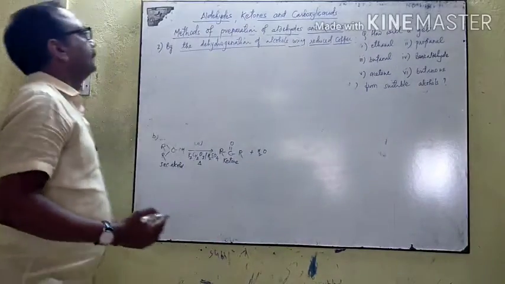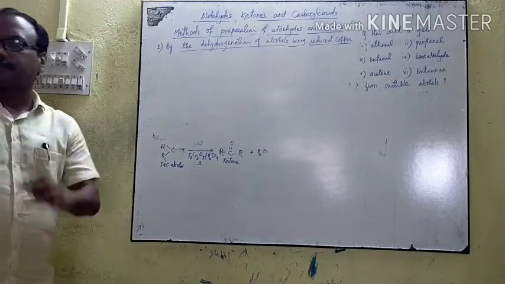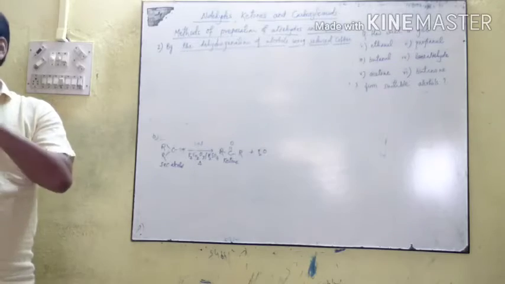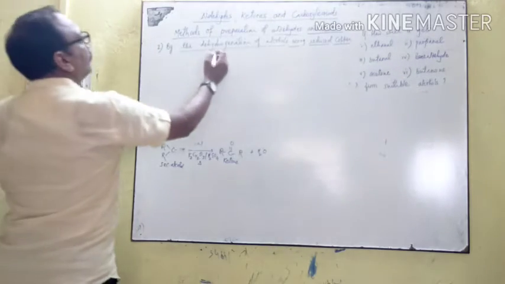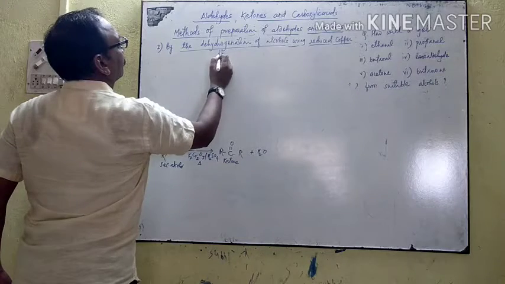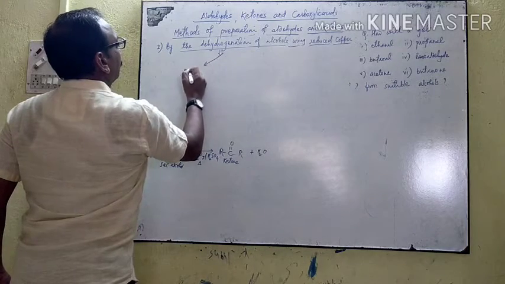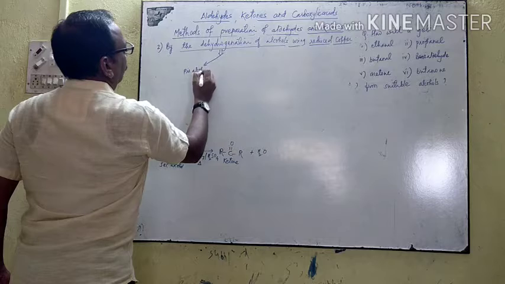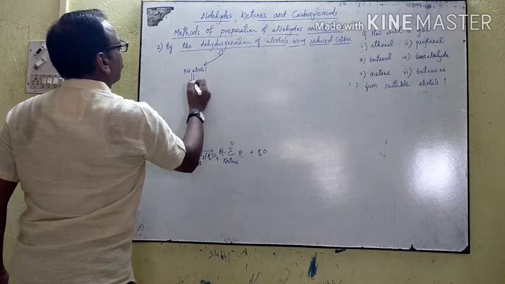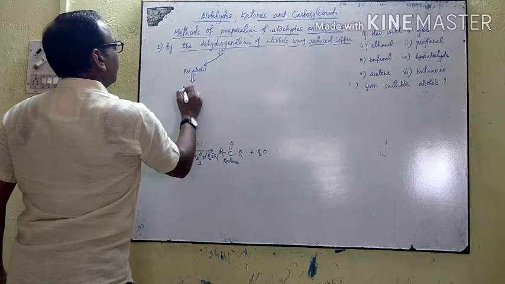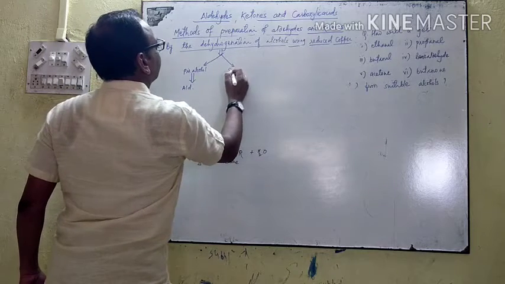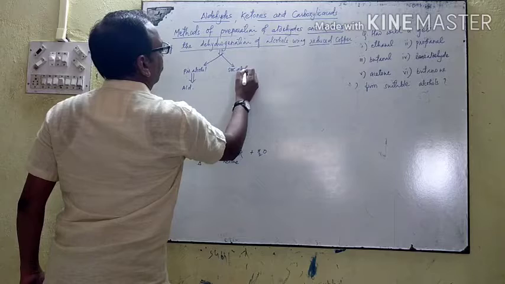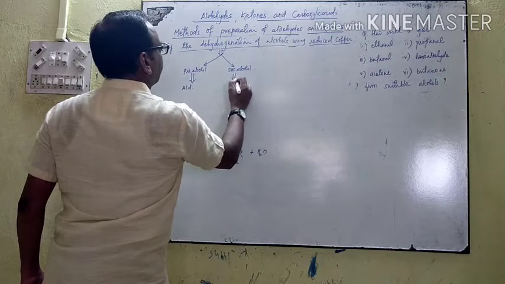Dehydrogenation of primary alcohol gets you aldehyde, and dehydrogenation of secondary alcohol gets you ketone.